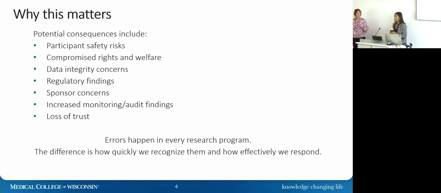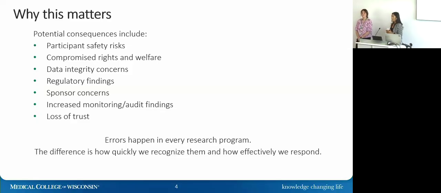So that's the other reason why this matters. And also, obviously, if you're having issues, making mistakes, that can lead to regulatory findings, concerns by your sponsor of trial conduct, increased monitor visits and audit findings, and also just an overall loss of trust, whether it's by the sponsor or by the community in which you're doing that research.